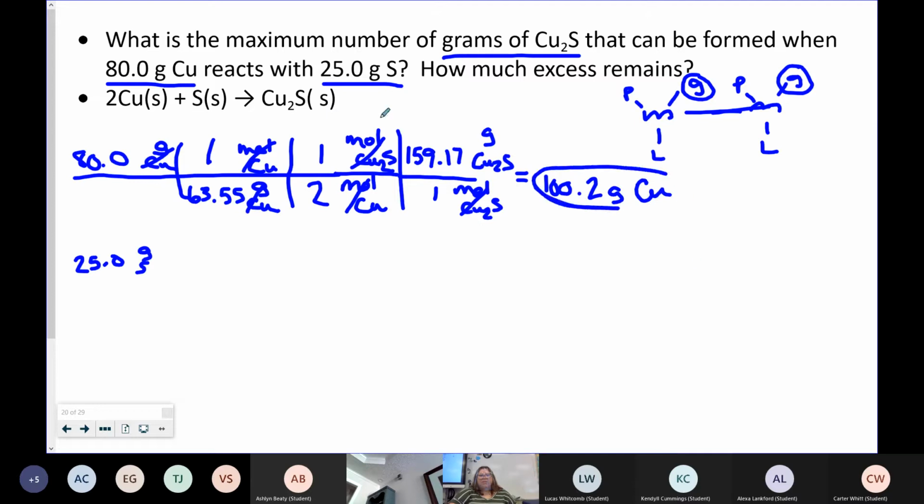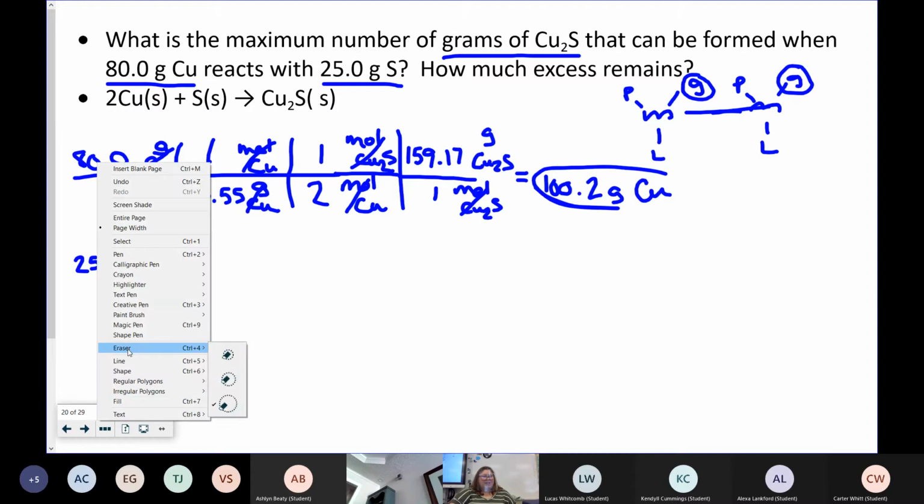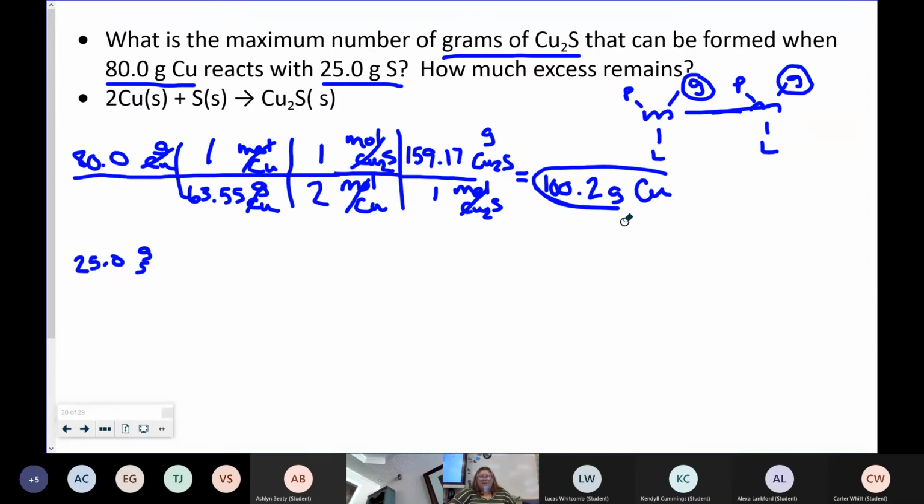Or, yeah, I probably shouldn't circle it yet because we still have to calculate the other one. So we have enough copper to make about 100 grams of the copper 1 sulfide.